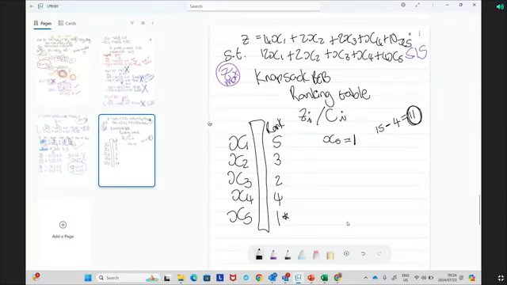Okay, so now what's the next item I want to try and place? Look at your ranking table. X3. Yes, we go now with X3. If I make X3 a 1, would it be possible with what I have left? Good.